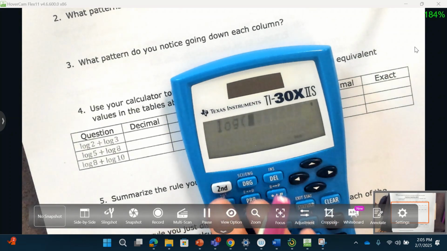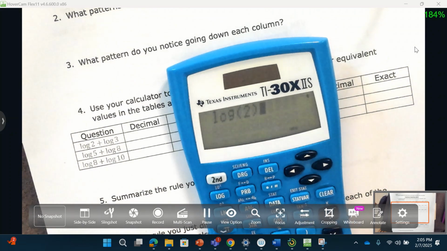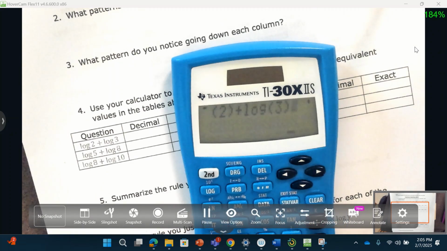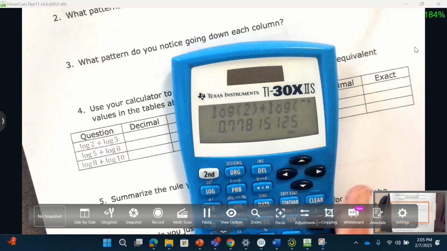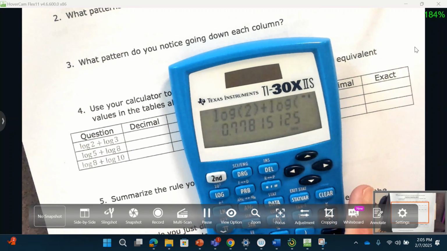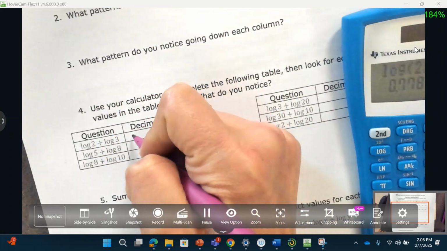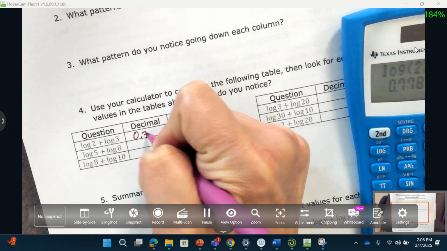So log 2, close out that parenthesis. If it automatically opens a parenthesis, make sure you close it out, plus log 3, and we get 0.778. Sorry, I read it and then I said it the wrong way.